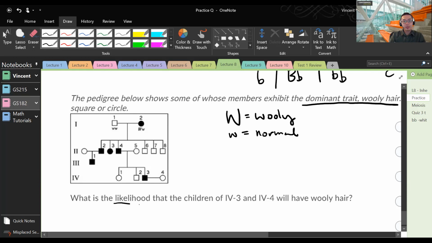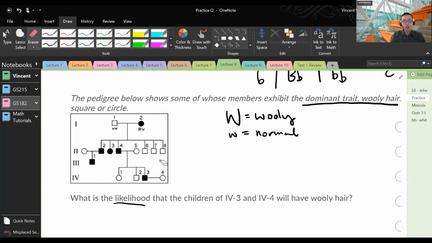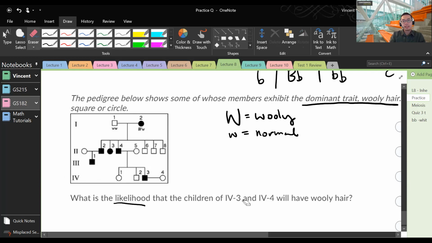What is the probability that the children of 4,3 and 4,4 will have woolly hair? 4,3 is right here, and 4,4 is right here. We look at the Roman numeral, which tells you which generation we're looking at, and the number tells you which individual in that generation. We want to know the probability of this couple having a child with woolly hair.